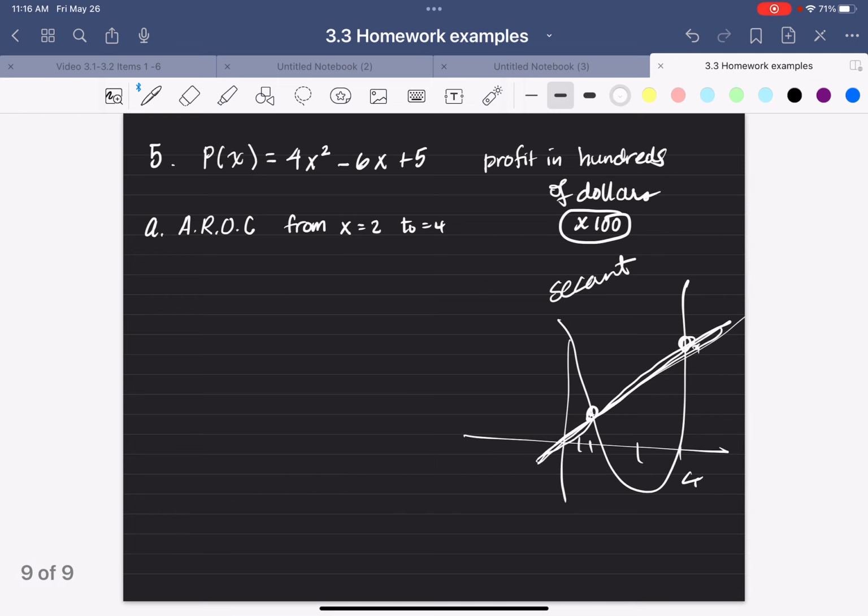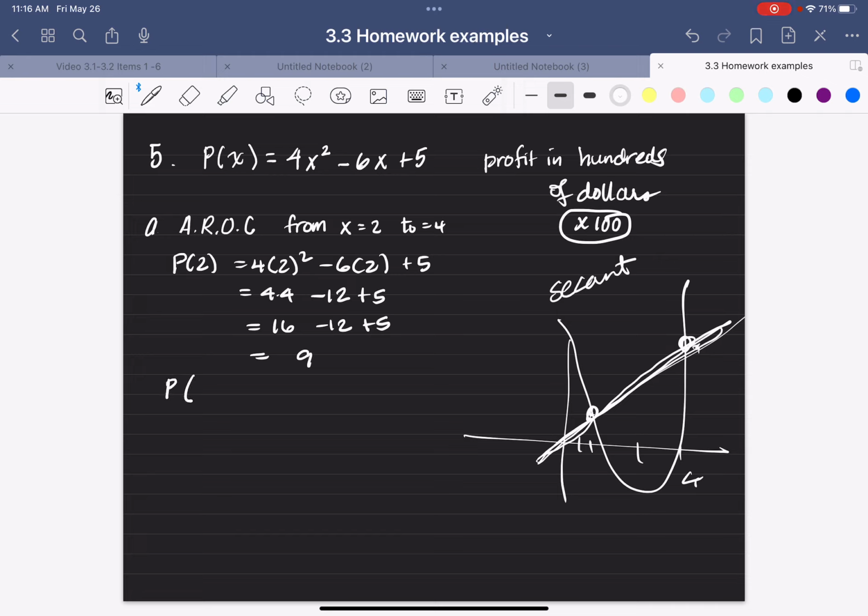So the first thing we do is, in this case it's P, so we're going to do P of 2. That's 4 times 2 squared minus 6 times 2 plus 5. That's 4 times 4 minus 12 plus 5. 16 minus 12 plus 5 is 9. Then we have to do P of 4.